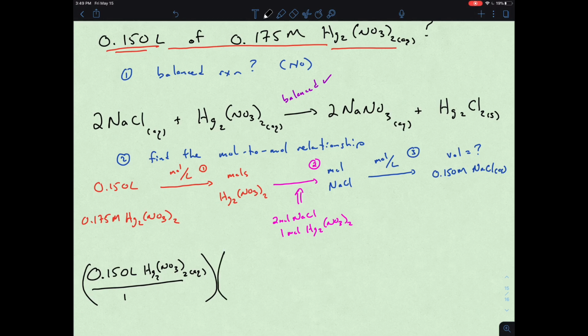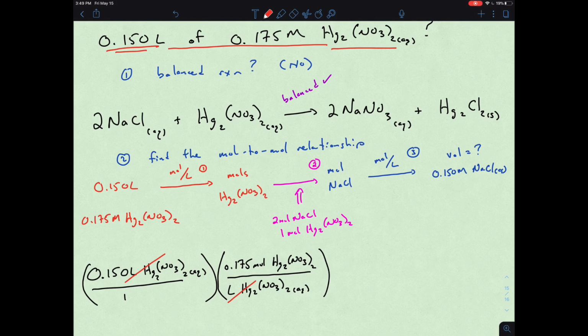We're going to utilize the molarity, 0.175 moles of the mercurous nitrate for every liter of that solution. So that's the first step. We're getting out a volume of the solution, and we're getting into moles of the pure molecule.